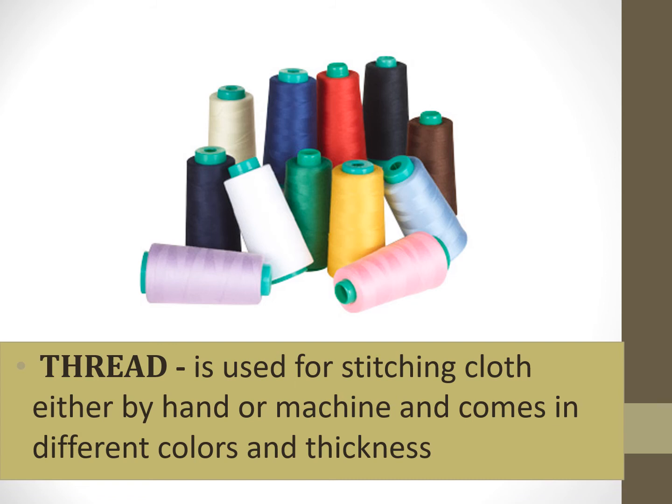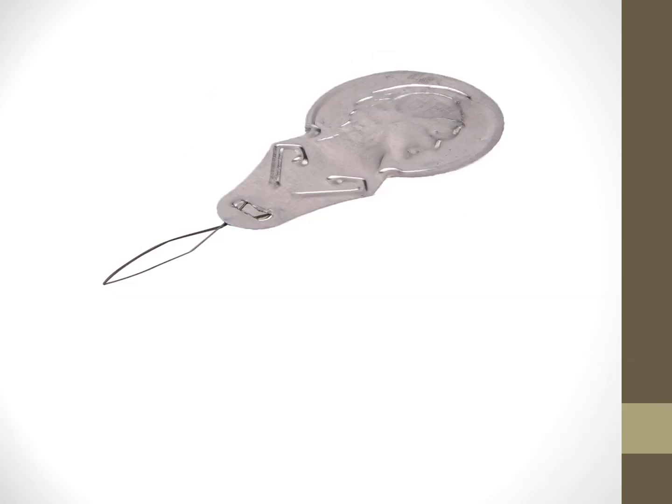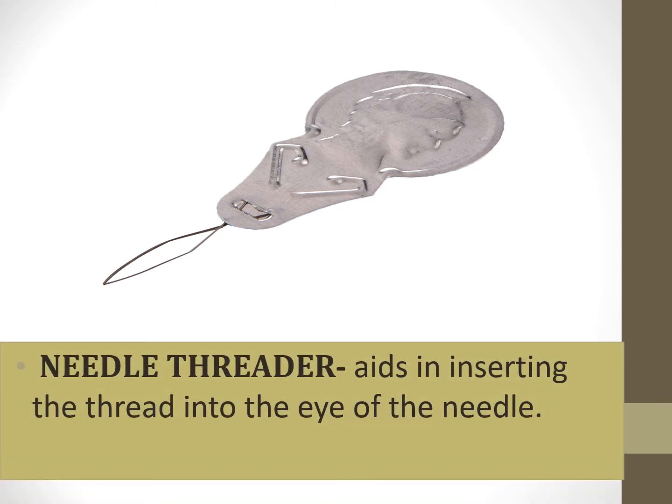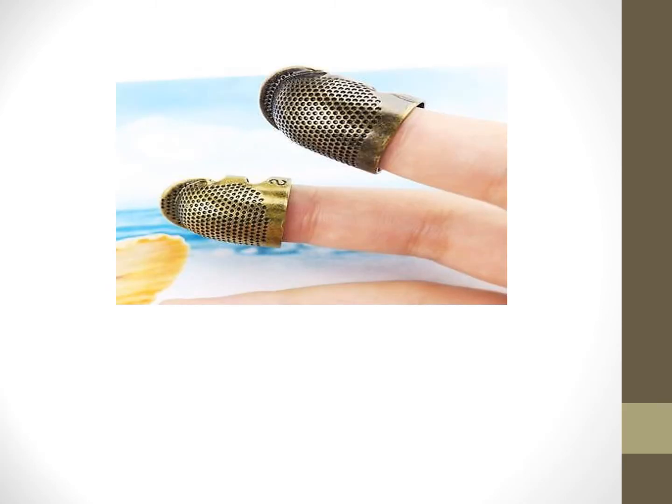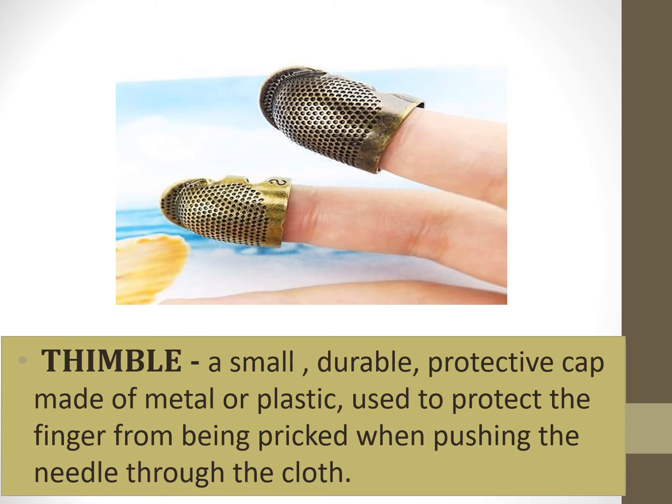Thread is used for stitching cloth either by hand or machine and comes in different colors and thickness. Needle threader aids in inserting the thread into the eye of the needle. Thimble, a small, durable, protective cap made of metal or plastic, used to protect the finger from being pricked when pushing the needle through the cloth.